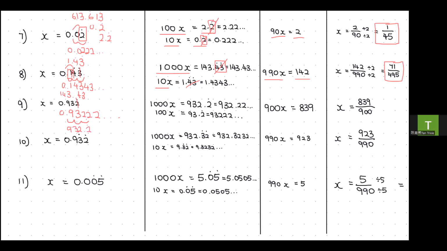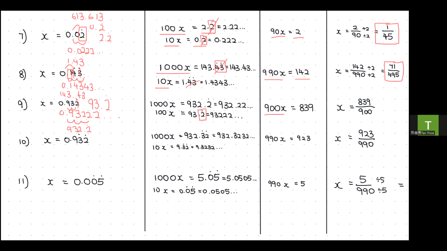And then you will find a number that has the same recurring decimal, that is 2 recurring. So it will be 100, which you move 2 steps, and it will become 93.2 recurring decimal. So 1000x minus 100x, you will get 900x.